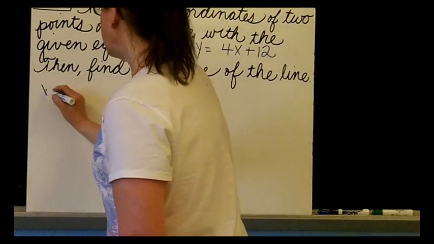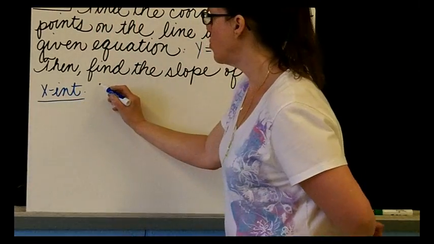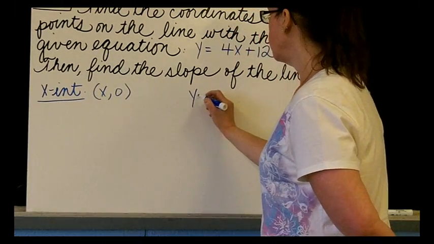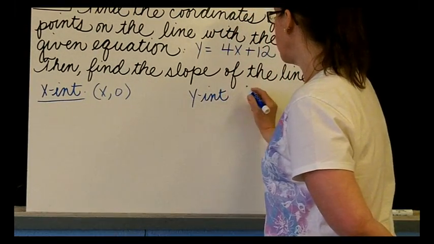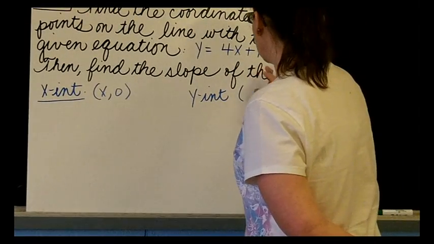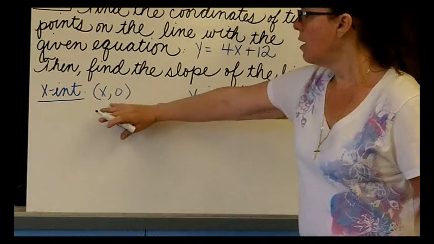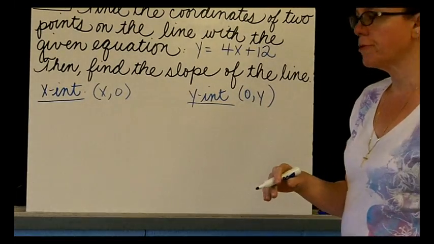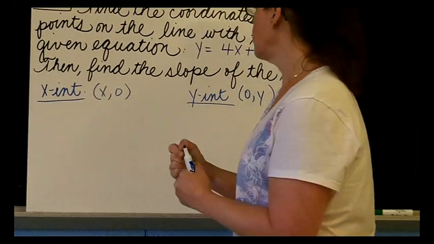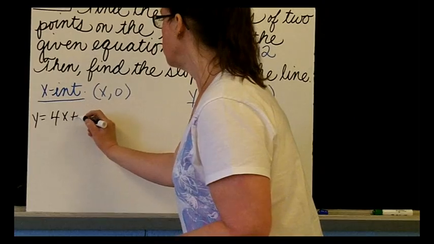So if you remember, to find the x-intercept, what that means is we are looking for point (x, 0). And then to find the y-intercept, it means we are looking for point (0, y). I've written my coordinates. If you remember, that's our first step. Our second step is to rewrite the equation. Here we have y equals 4x plus 12.